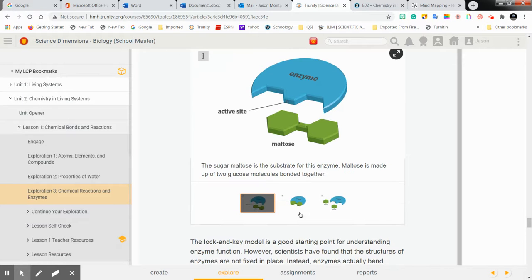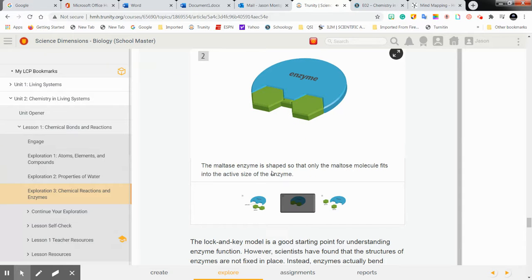They fit together. Now once they fit together, the maltase enzyme is shaped so that only the maltose molecule fits into the active site of the enzyme. So this is really important. So if it was 3 glucoses here, it wouldn't fit with this enzyme. It only fits with 2. Now once it fits together, the activation energy is there.